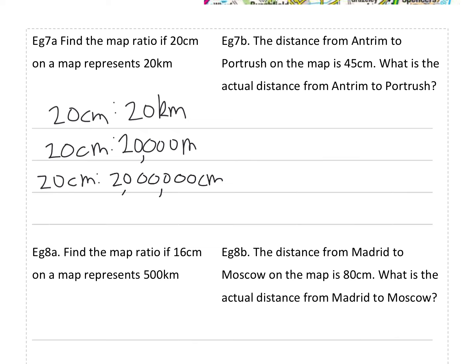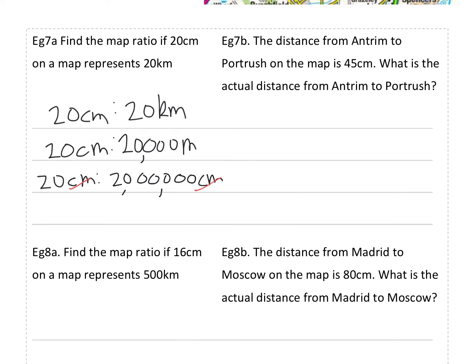Once our units are consistent, we can get rid of them. That means that 20 centimeters to 2 million centimeters would be the same as 20 meters to 2 million meters, even if you go millimeters. 20 millimeters on the map would be 2 million millimeters in real life.